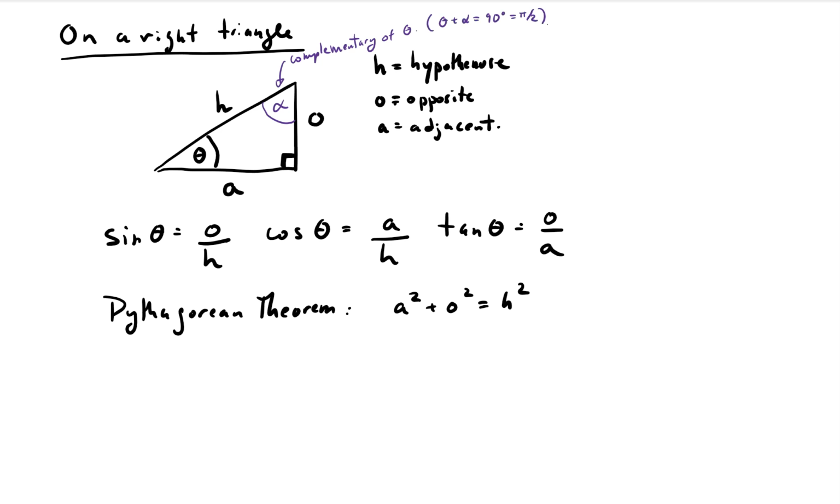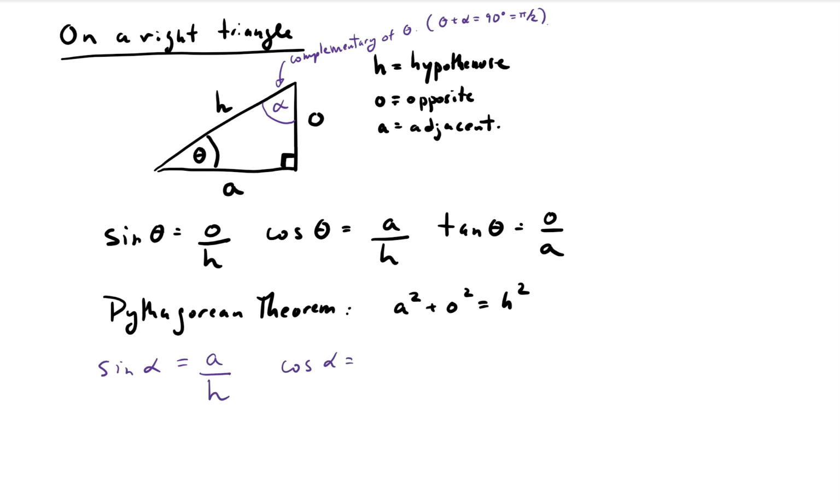If I look at the sine of alpha, just for fun, now the roles are interchanged, because the opposite side of alpha is now A and the adjacent side is now O. So the hypotenuse stays the same, however. So the opposite side of alpha is A, and the hypotenuse doesn't change.